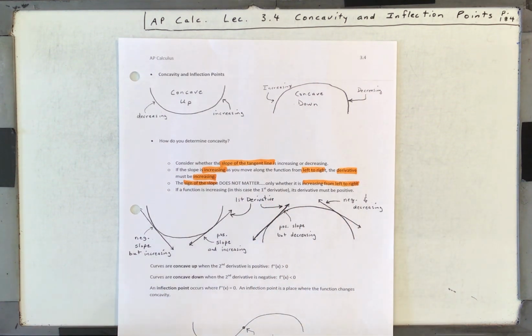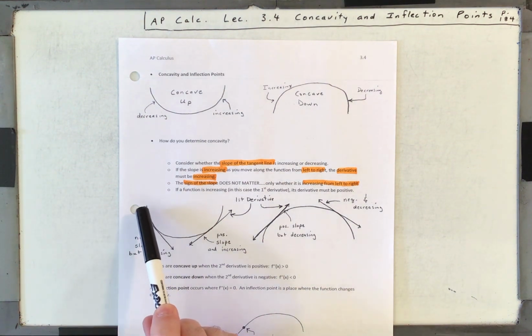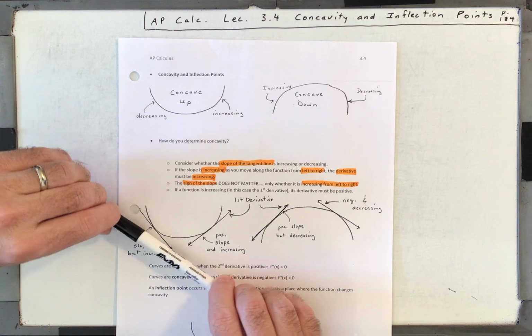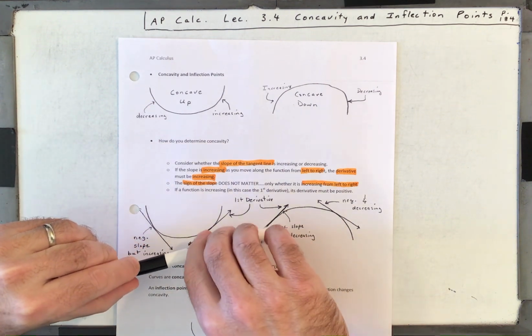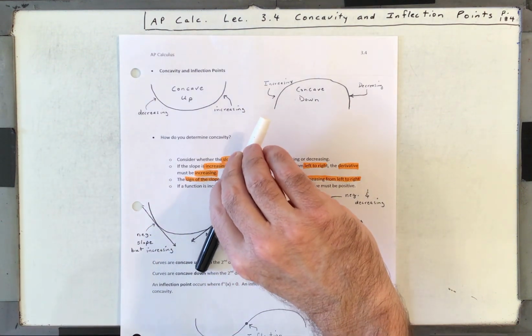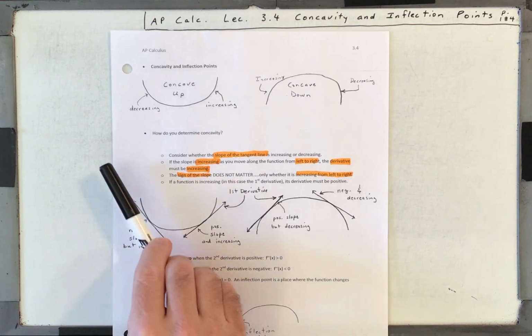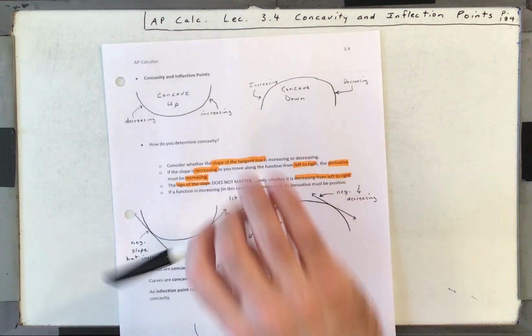Let's take a look at my example here. See how the slope of the tangent line, as you go from left to right, although it's really negative, as you go around this bowl, actually gets more positive. So it's going from negative to positive.